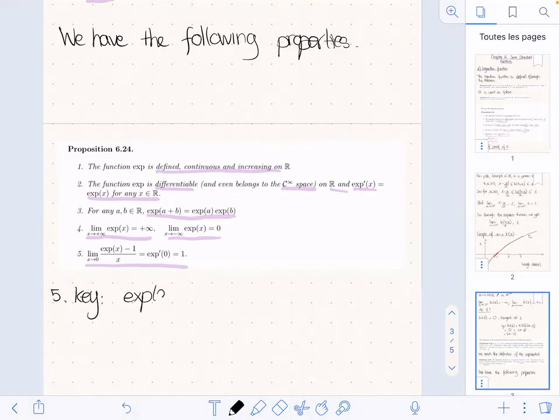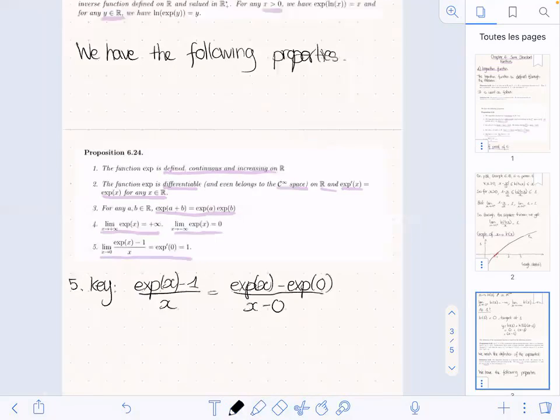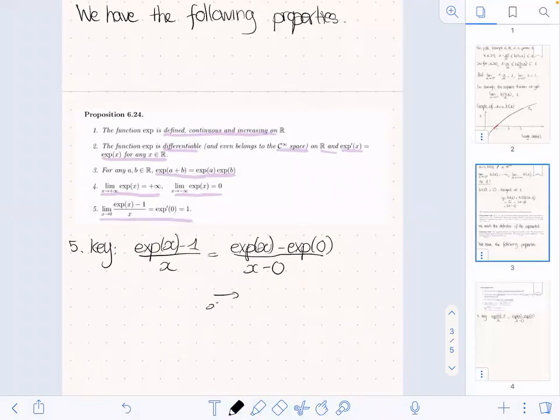Exponential of x minus 1, divided by x, that's exponential of x minus exponential of 0, divided by x minus 0, okay, which in turn, if you take x to 0, goes to exponential prime of 0. So that's just an extra step that's hidden here that you may want to add if you're wondering how to get from one step to the other.